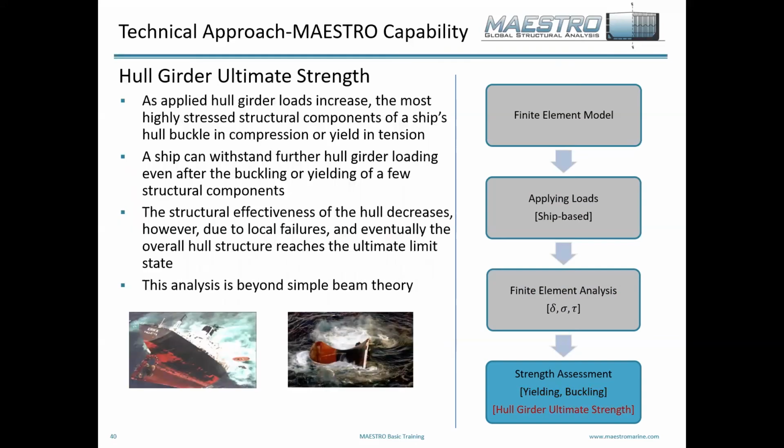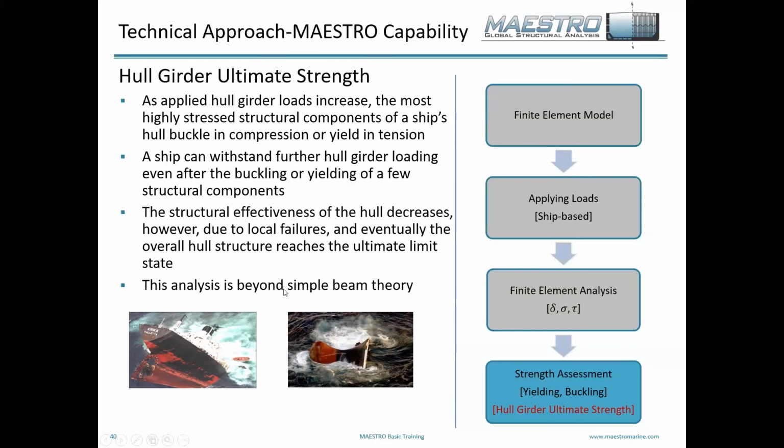So Maestro also has implemented the hull girder ultimate strength. Now this, when a vessel fails to this degree, it's not a simple binary pass-fail. It's more of a progressive failure, so that when a ship starts to fail and portions of it buckle, the hull can still withstand additional loading, and the failures will eventually compound till eventually you have a full failure.